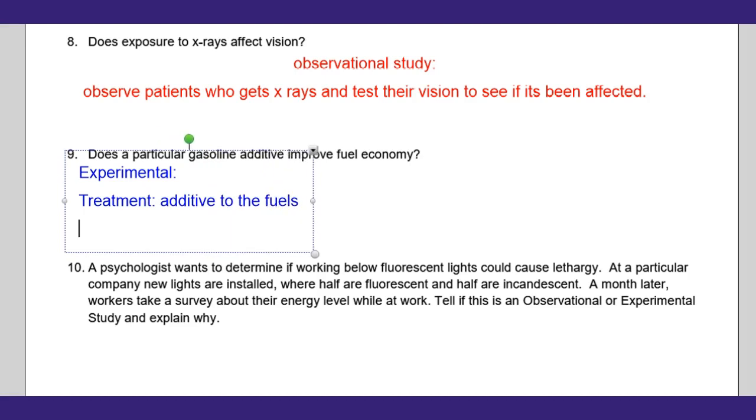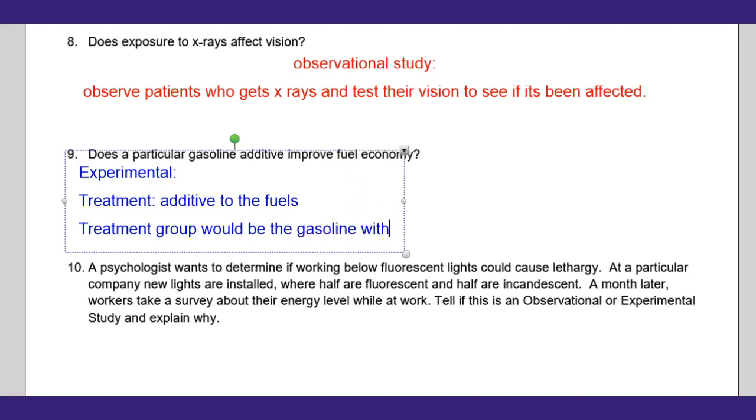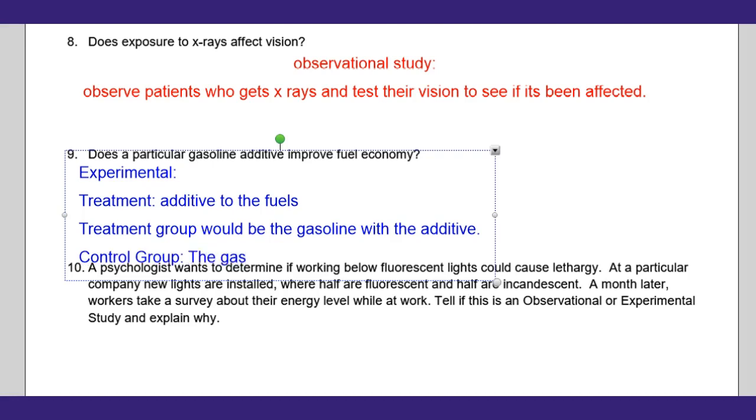The treatment group would be the gasoline with the additive. Now, the control group, because remember, you must have these three things whenever you do an experiment, would be the gas without the additive.